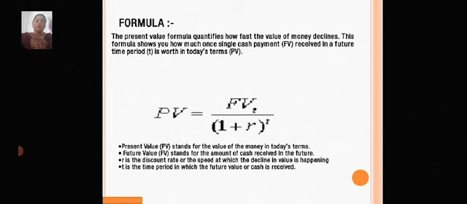So both techniques are important to know, to compare whether the investor or the project leader or the company is getting the return, profit or benefit on the projects or not.